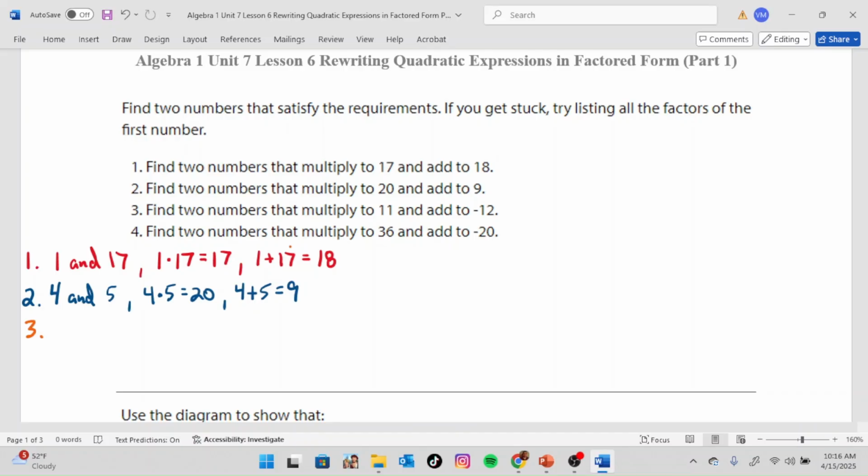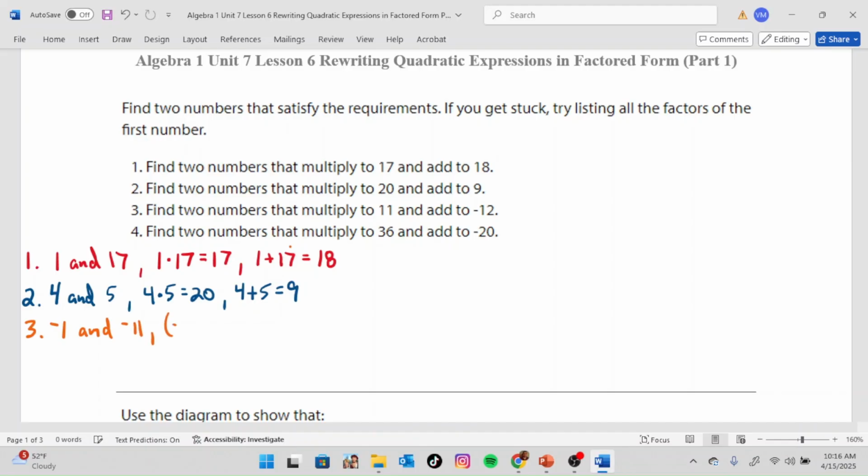So the twist here is that not only do you get a positive number when you multiply two positive numbers together, but you also get a positive number if you multiply two negative numbers together. So it turns out what we're looking for would be negative 1 and negative 11.